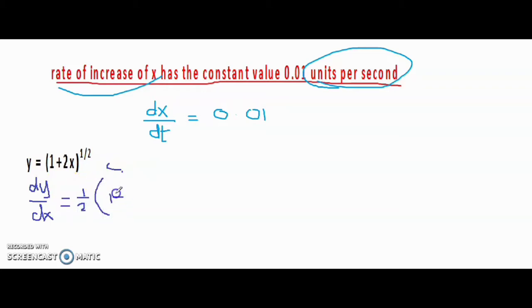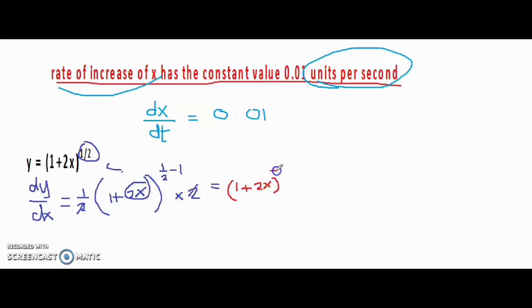As 1 by 2 of (1 plus 2x) the whole raised to 1 by 2 minus 1, into the internal derivative. The derivative of 1 plus 2x is 2, so 2 and 2 get cancelled. We get (1 plus 2x) the whole raised to minus 1 by 2.